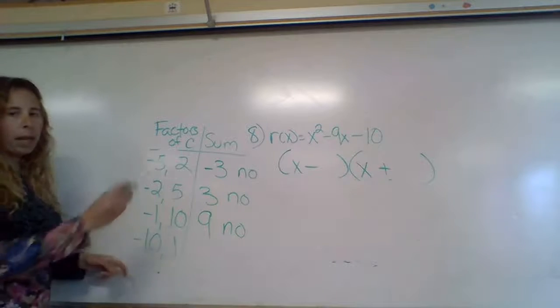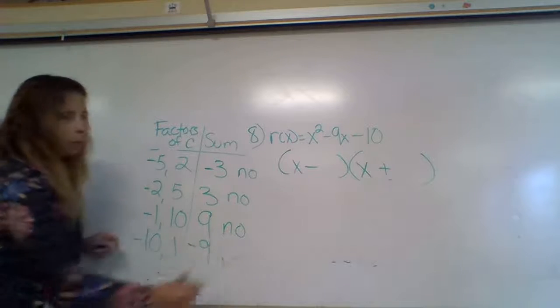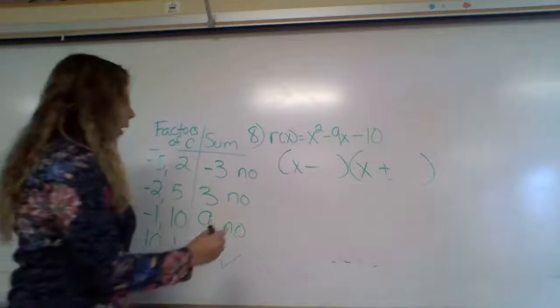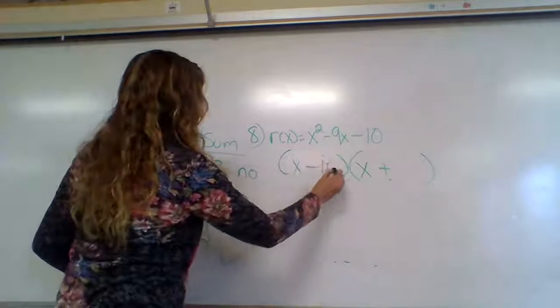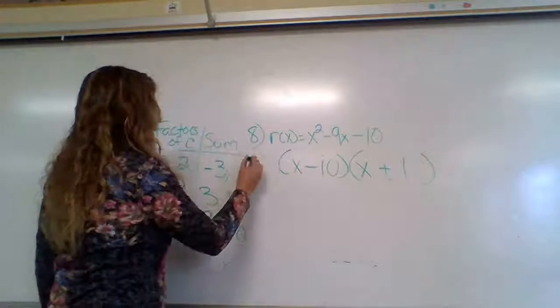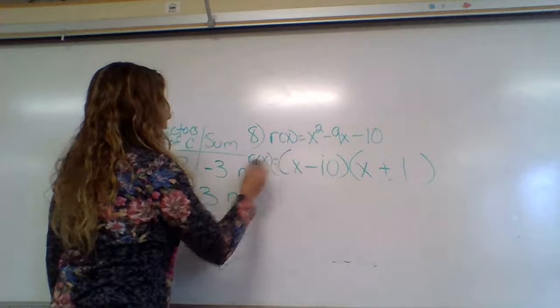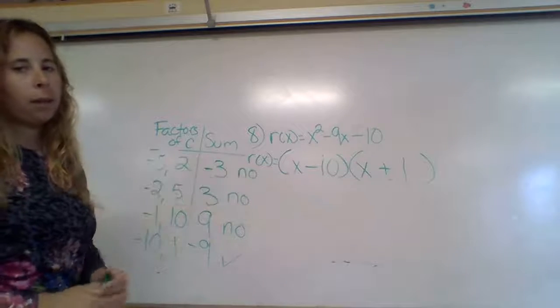Multiply them together, you get -10. Add them together, you get -9, which is what you were looking for. So your factors are -10 and +1. You just went from standard form to factored form of a quadratic.